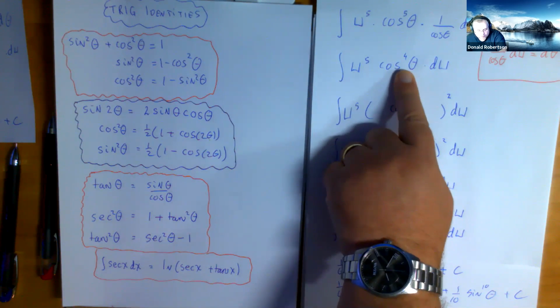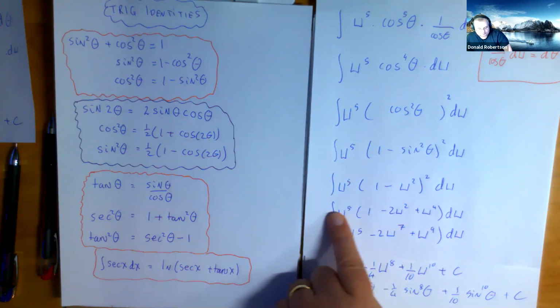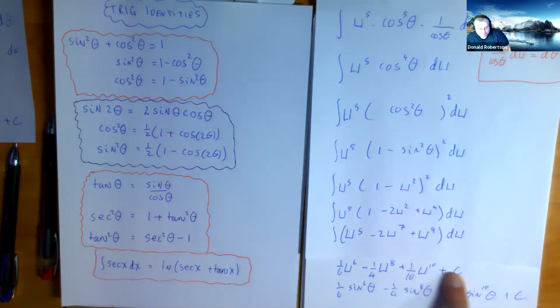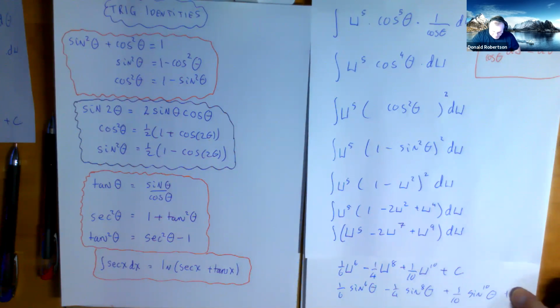I then work on this guy to get it into U's, and then do a bit of algebra, power rule, and convert back. The only difference would be if this was 0 to pi, then wouldn't that there disappear and you do theta equals 0 to equals pi and subtract your two answers, which in this case it would be 0 probably.